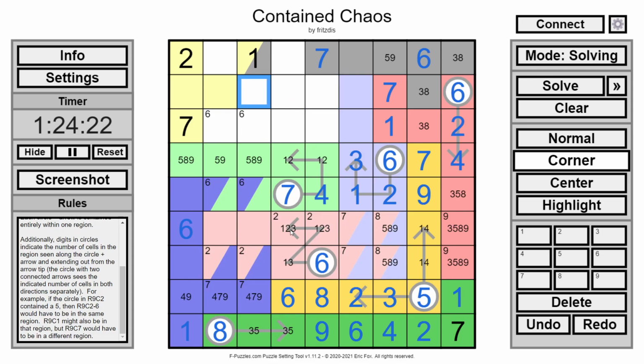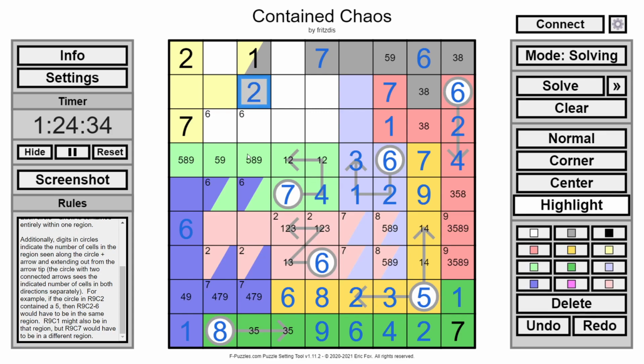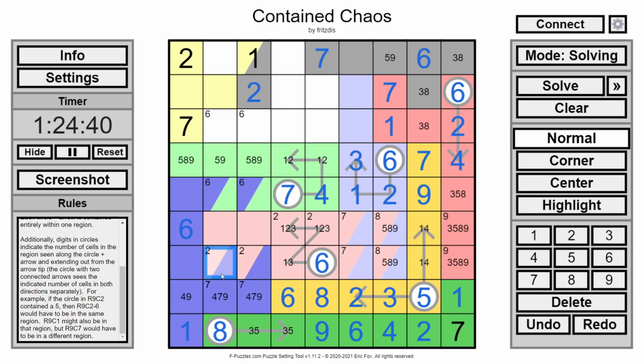And neither of these can be a 2 because of all the 2s here. And actually we can clean this up a little bit. But first of all, most importantly, this must be a 2. And it must be gray because that's the only spot in row 2 that can be a 2 and be gray. Which puts the 2 here, which makes this blue.